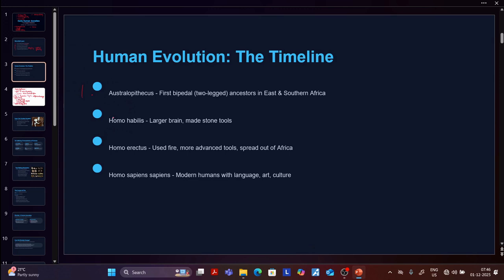Now, second, Homo habilis, around 2.5 to 2 million years ago. We see the emergence of a new genus, our own genus, Homo.